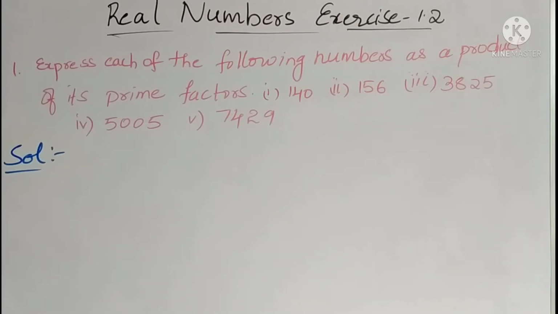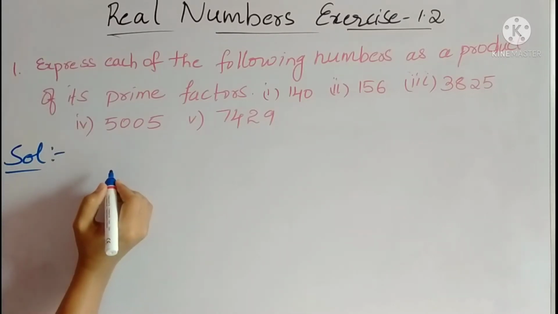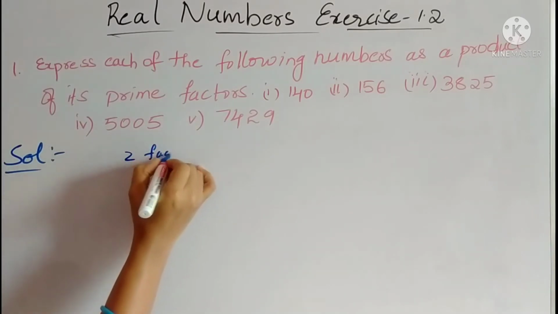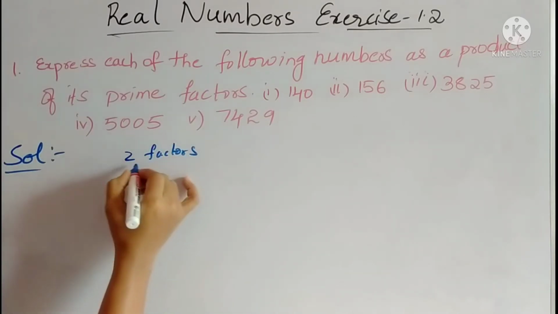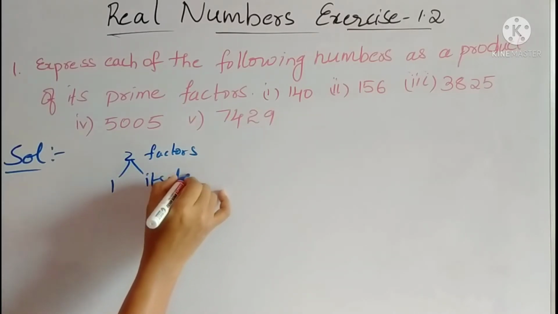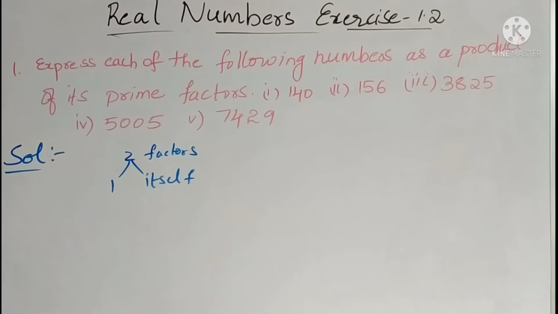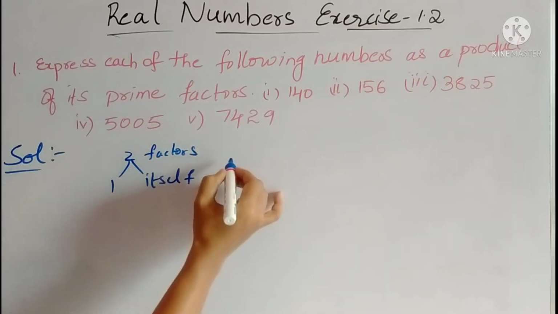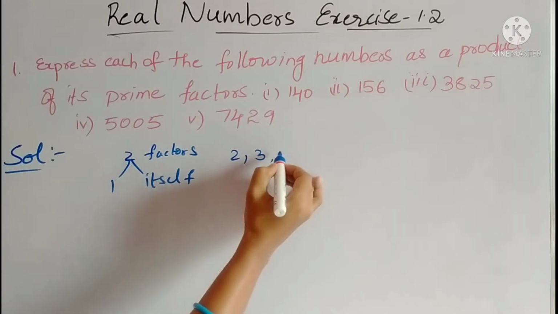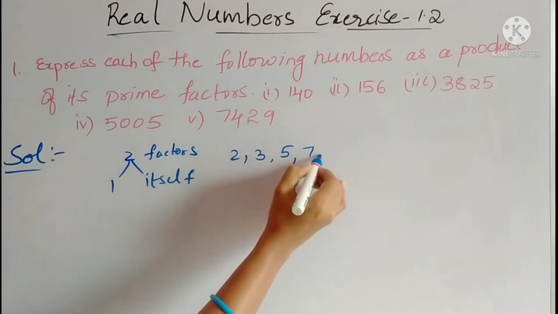Okay, first of all, what are the prime numbers? The numbers which have only two factors. The two factors must be 1 and itself. So those numbers are called prime numbers: 2, 3, 5, 7.